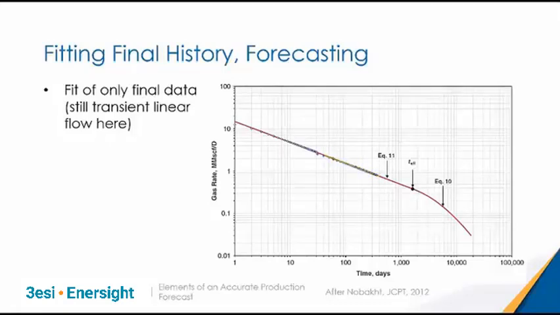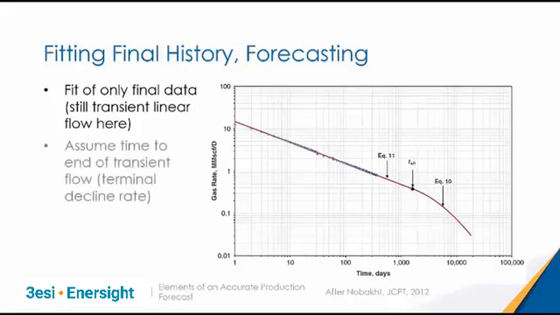We have to make an estimate of when we're going to switch out of linear flow and begin to feel the influence of the boundaries. And, you know, if we haven't seen it yet, we must make an estimate. But that's part of a forecast that really is as reliable as we can make it.